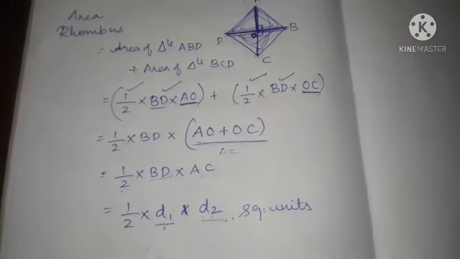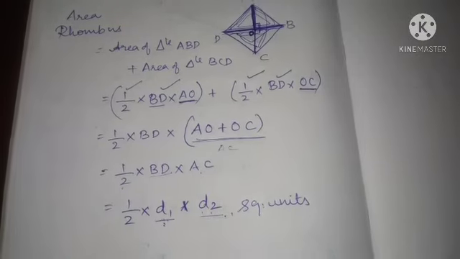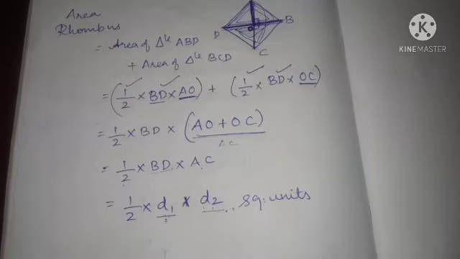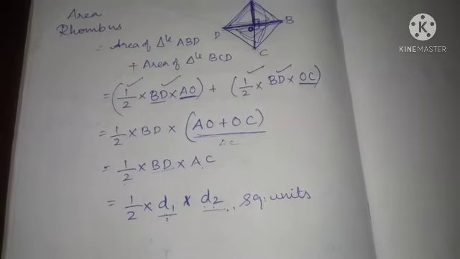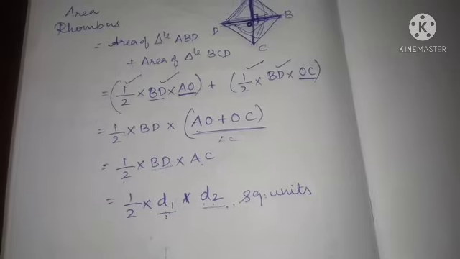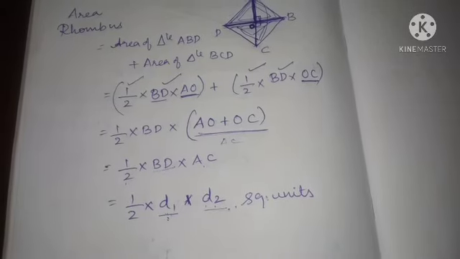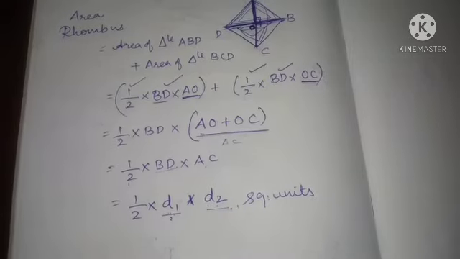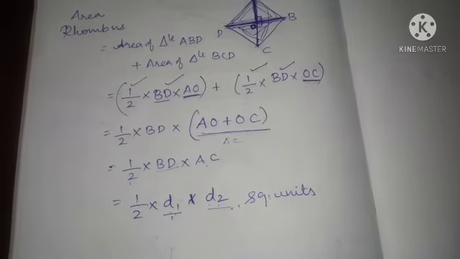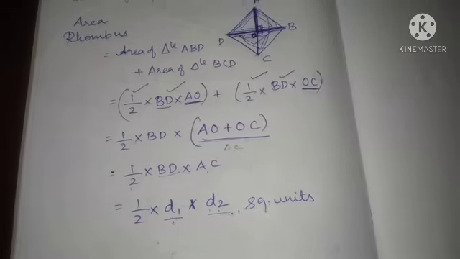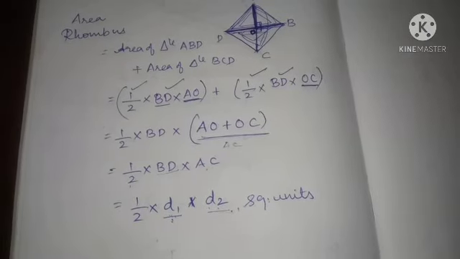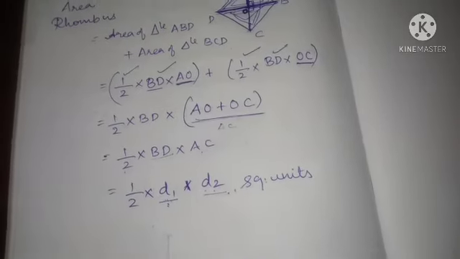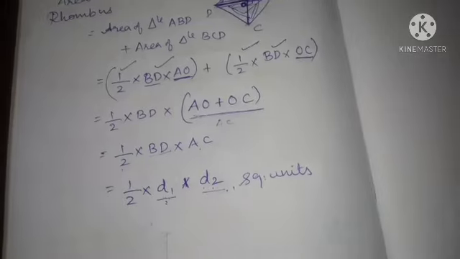Then for other polygons like pentagon and hexagon, we can divide the pentagon into a few triangles and quadrilaterals, and add all those areas to get the area of the pentagon. For a hexagon, we can divide it into one rectangle and two triangles. Find both triangle areas and the rectangle area, add all three, and you get the area of the hexagon. Likewise we can find the area of any polygon.